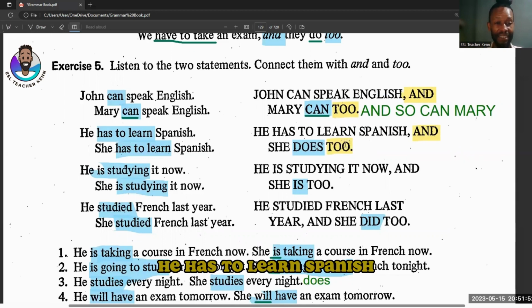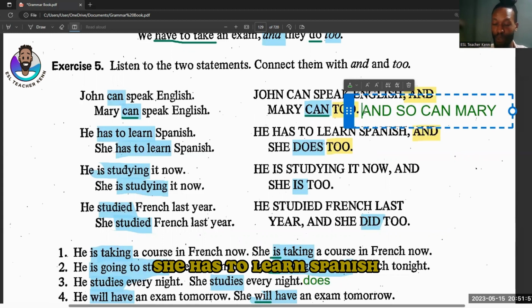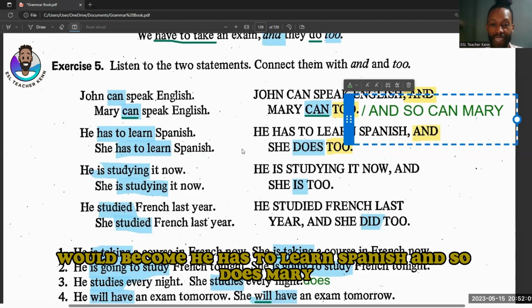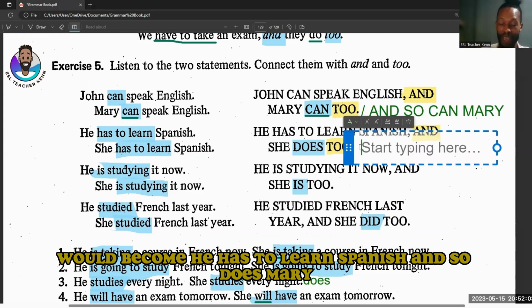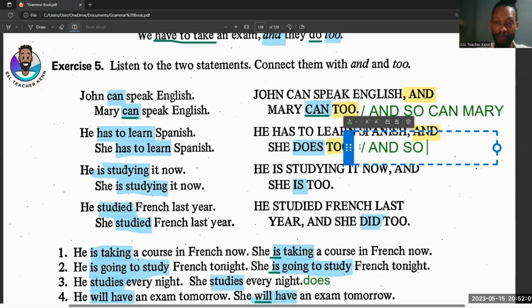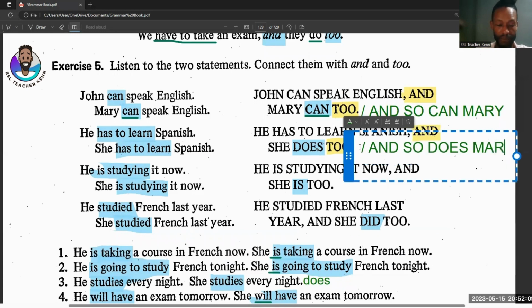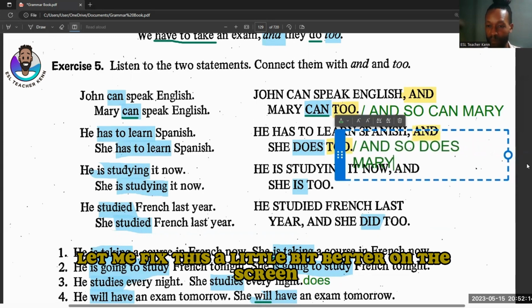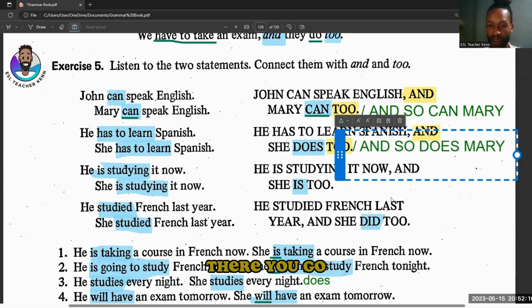He has to learn Spanish. She has to learn Spanish would become he has to learn Spanish, and so does Mary. Let me fix this a little bit better on the screen. There you go.